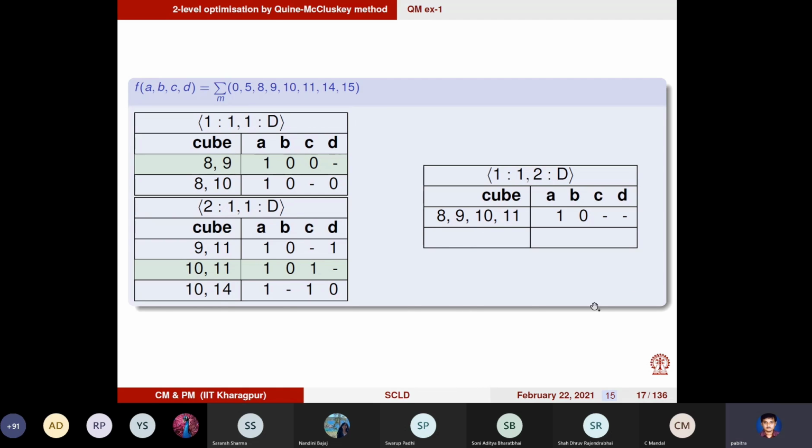And then you get some valid cubes of size 4. After that, you try to combine cubes of size 4 to get cubes of size 8, which is again running a loop over the set of all. So if you look at it, the idea is something like this. It's kind of grouping, not the variables, but grouping the minterms together.